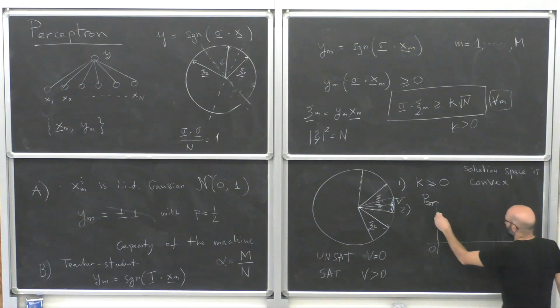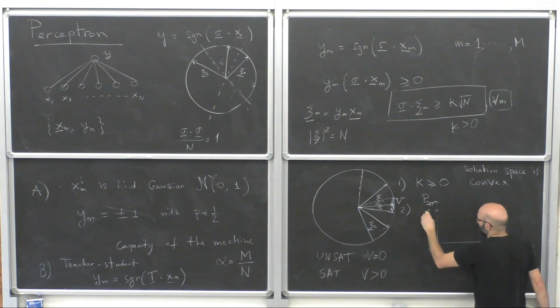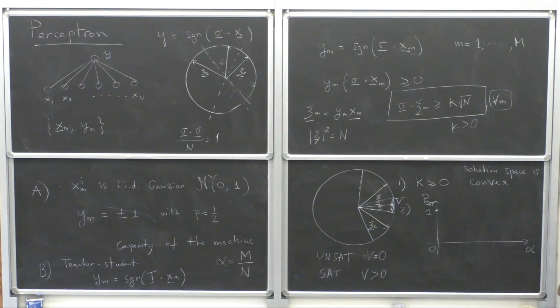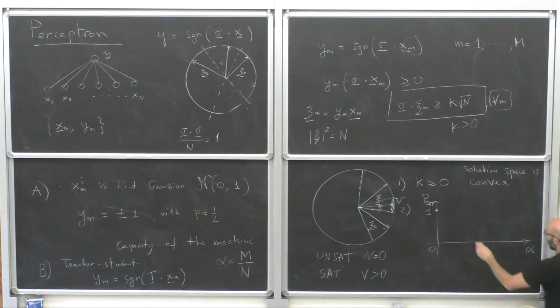Well, at alpha equal to 0, the training set is empty, so this is 1. At alpha equal infinity, it's going to be 0. And of course, if you add new vectors, the probability of getting a solution should decrease, so it will be something like that. Let's say that this is for n equal 10.